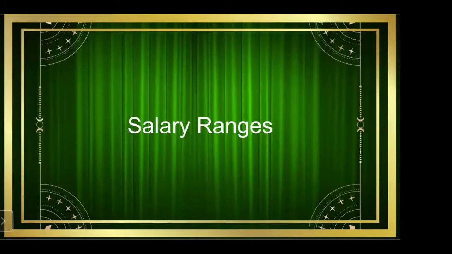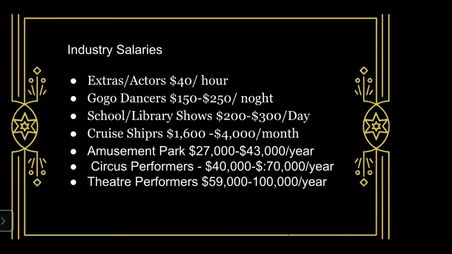So now that we understand that, we're gonna look at some full-time salary ranges, okay? And so these are for what would be considered full-time performers in the industry that we are working in, okay?